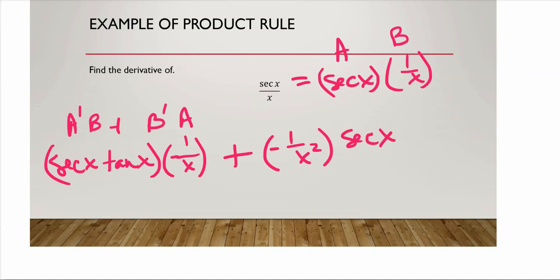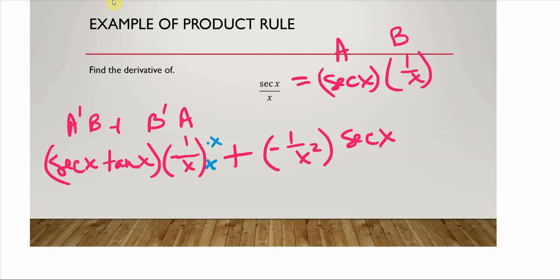Now if you were to use a different approach, and you want to have the same denominator, then we're going to multiply this guy by x. I multiply by x here and by x here.